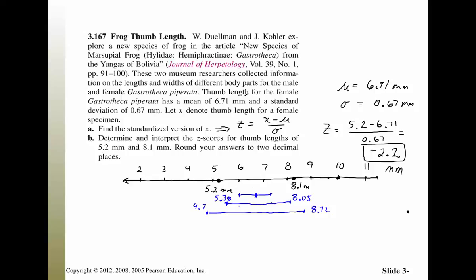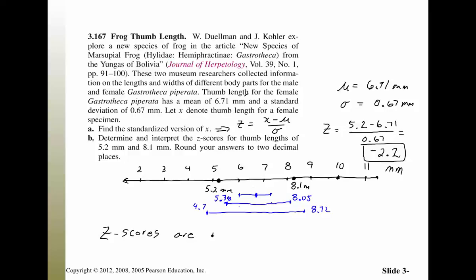Standard deviations. Do you see it? It's how many standard deviations below the mean it is. Because this was 1 standard deviation below the mean here. 2 standard deviations below the mean was 5.38. And we know that this was a little bit less than that. So a little bit less than that, negative 2.2.